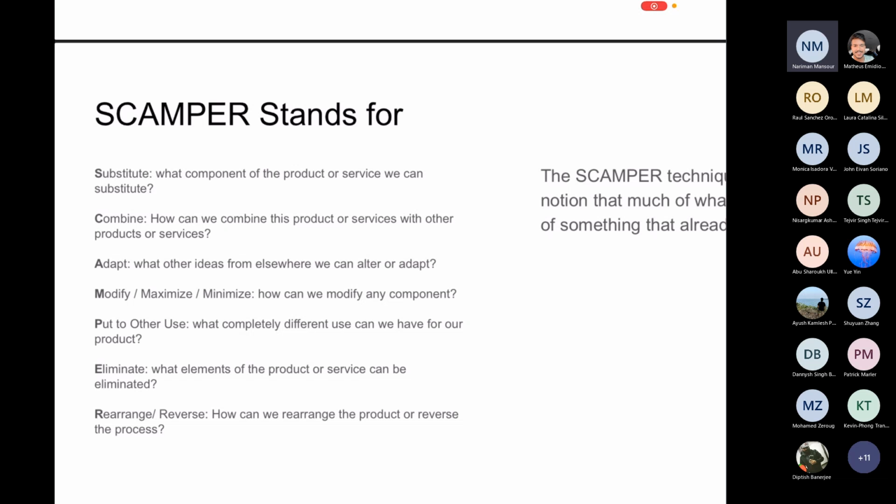Exactly. So substitute, as Lana explained earlier, is when you have a component in the product that you completely substitute with something else or a service. Electric bristles. Okay, so he's saying substitute the regular bristles with electric bristles. Sorry, Ayush is saying that. Okay, this is one way of doing it.